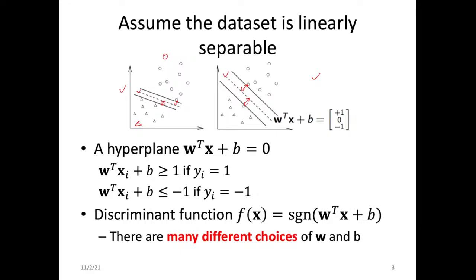So we want to find a classifier that can perfectly separate the positive and negative instances, and meanwhile we want to maximize the margin. Why do we want to maximize the margin? Because if we use the classifier at the left-hand side, this circle here, if it just moves a little bit, will be regarded as negative.